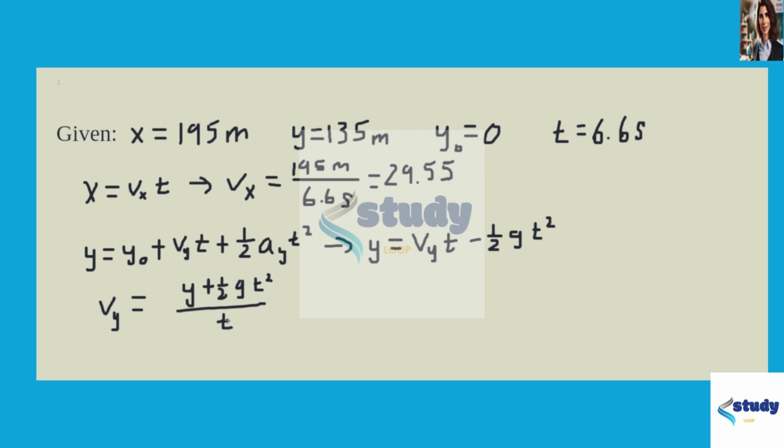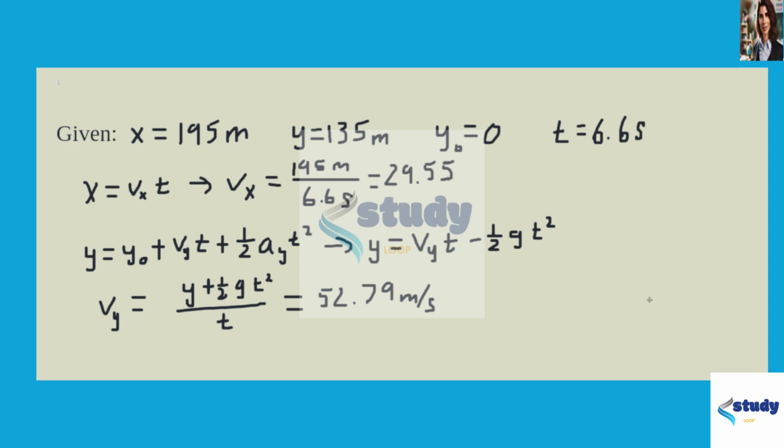Now plug in all the values: y is 135 meters, g is 9.8 meters per second squared, t is 6.6 seconds. You'll find that v of y comes out to 52.79 meters per second, because it's velocity. Okay, well, you have the velocity in the y direction.